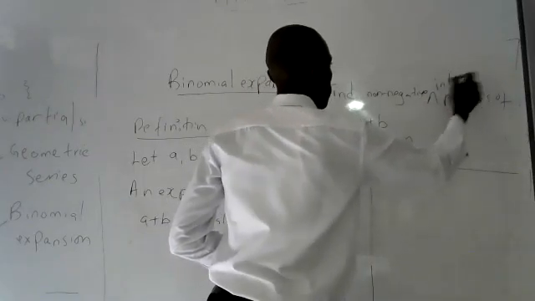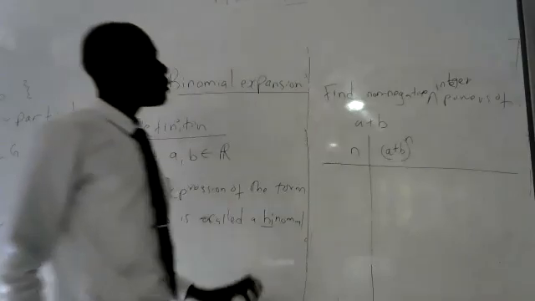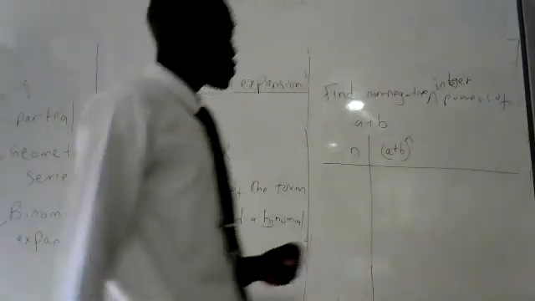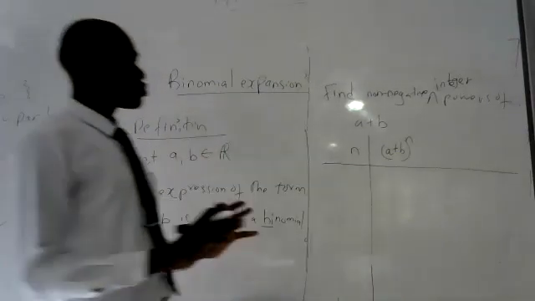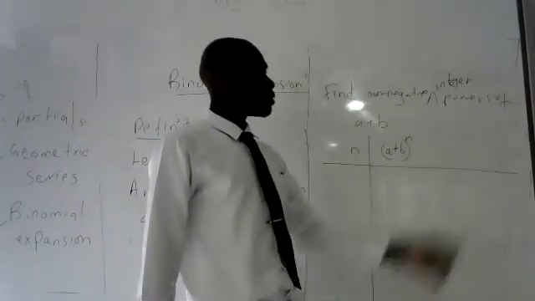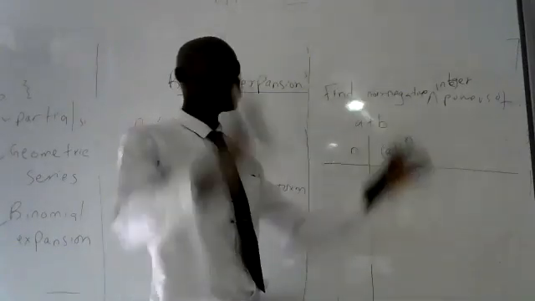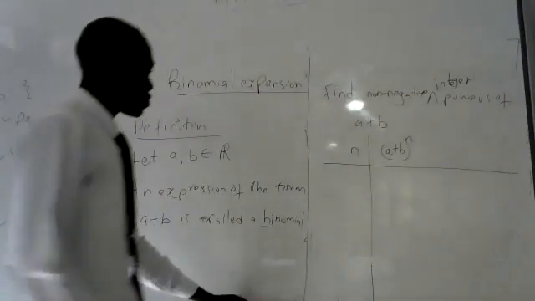Of course, the theorem holds for even negative integer powers. It also holds for rational numbers. You can apply it for fractions, but I want us to restrict ourselves to non-negative integer powers, because once you understand this, you can generalize this to any number system that you're interested in.